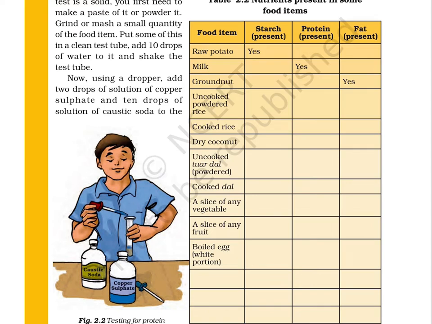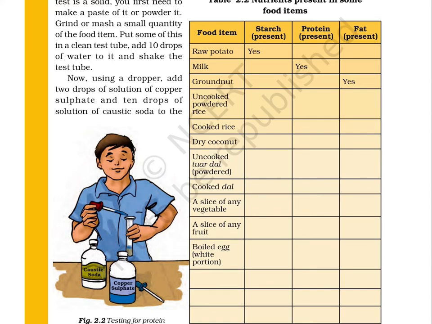Starch is present. Food item, milk. Protein is present. Food item, groundnut. Fat is present. Now, these food items are left for you to conduct the test and record the observations.